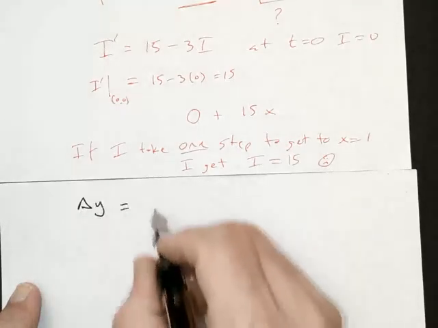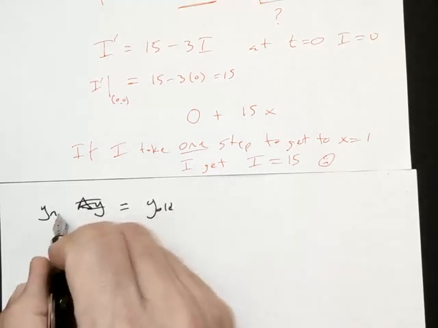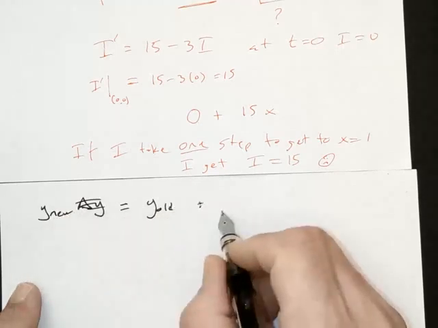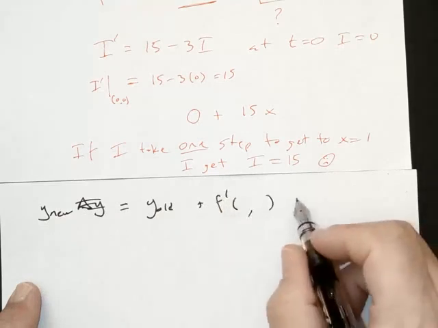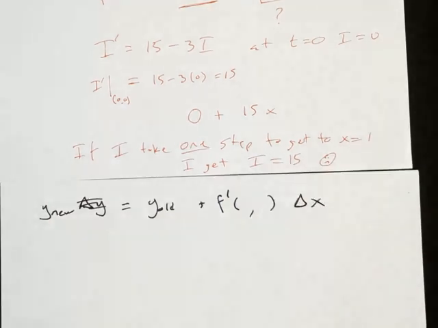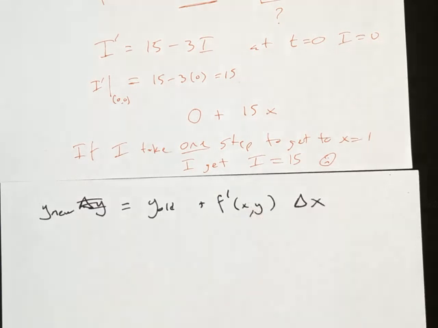Y new is y old plus slope times change in x, right? Change in y over change in x is slope. So how many steps do you want to take to get from 0 to 1? I'm going to take more than 1. Let's take 5.